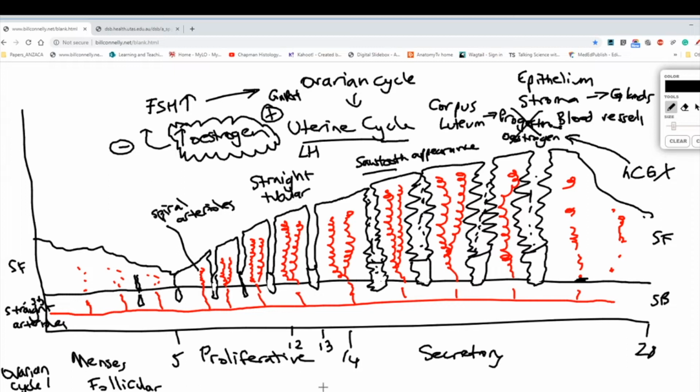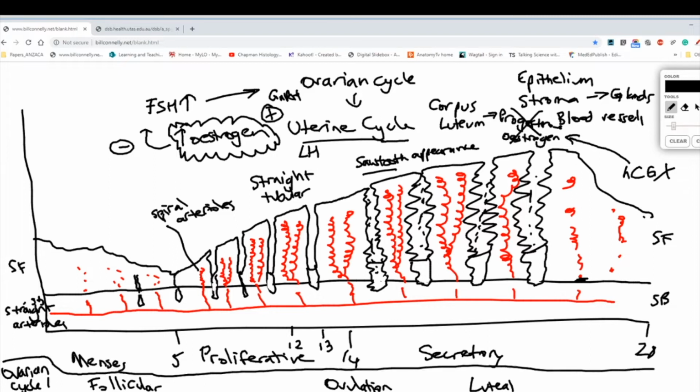We have the follicular phase, we have ovulation, and then we have the luteal phase. So these are the ovarian cycle phases. Follicular phase is day 1 to day 14, or day 13 I suppose. Day 14 is ovulation, and day 15 to day 28 is the luteal phase of the ovarian cycle.